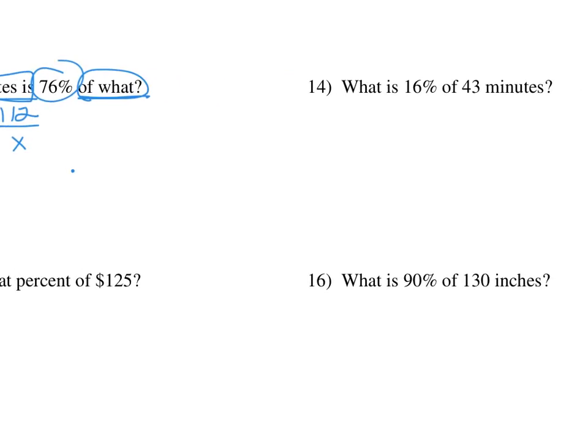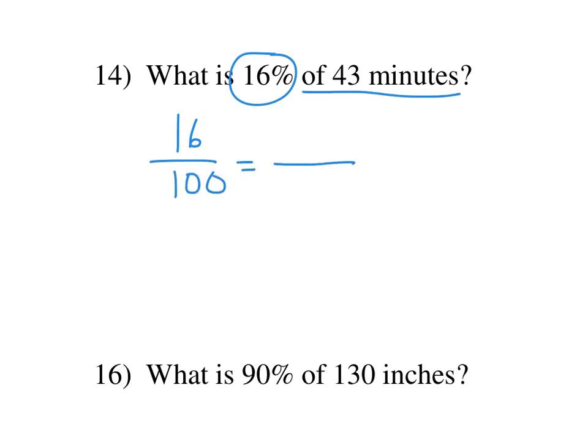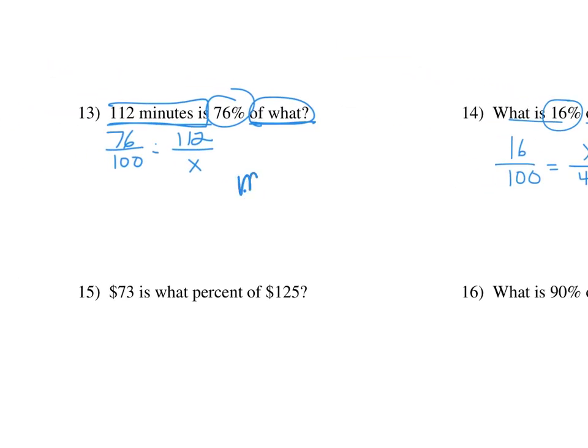Let's go to this one. 16%. 16 over 100. Of 43 minutes. So 43 minutes goes on the bottom. What is X goes on the top? Remember, your answer must have minutes in it as your final answer. This one also must have minutes in it.